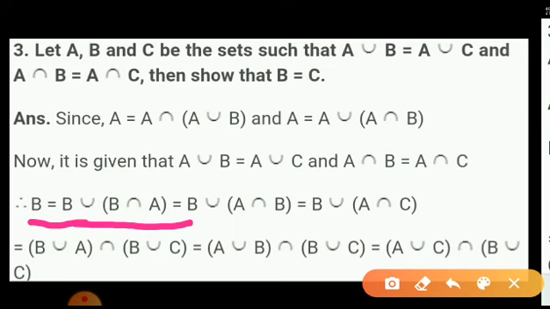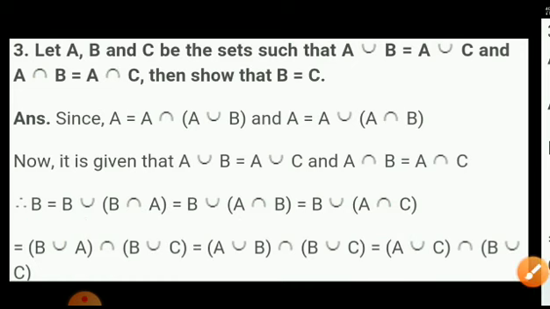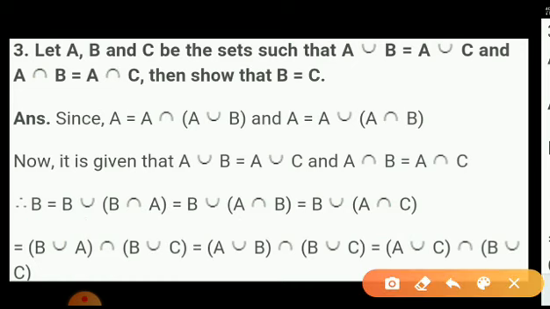The commutative property is always satisfied. A intersection B is the same as B intersection A. So it is B union (A intersection B). But A intersection B is A intersection C. So instead of A intersection B, we write A intersection C. So it will be B union (A intersection C).